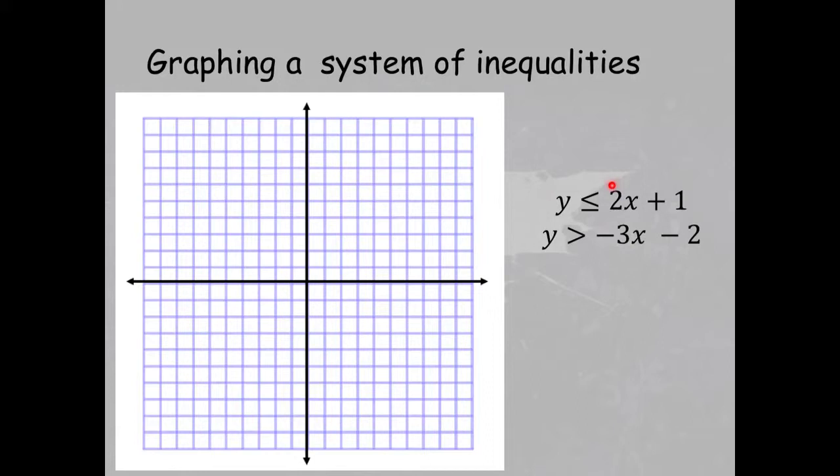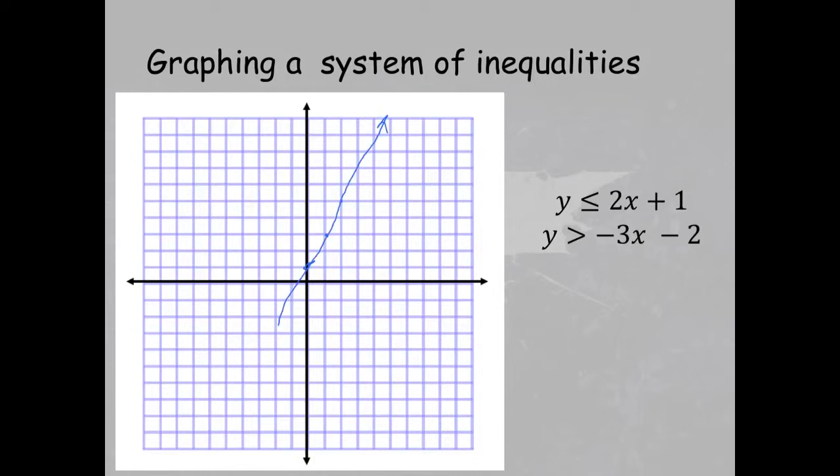So I'm going to graph this. Start with the first equation, y is less than or equal to 2x plus 1. We start with our y-intercept of 1, put a point. Then of course rise 2 over 1, rise 2 over 1. Okay, because this has the equal to sign, I'm going to connect those points with a solid line.